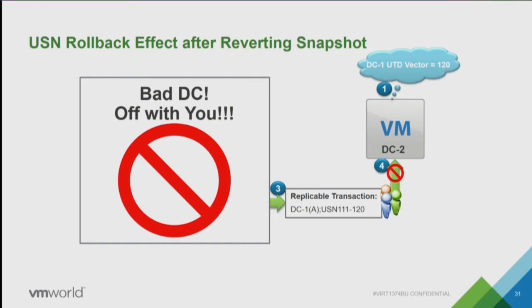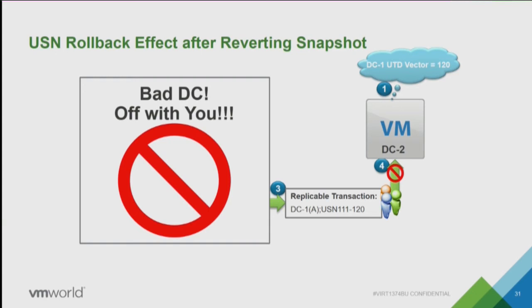Anybody gone through a USN rollback issue in their enterprise before? Very painful to recover from. You will have to call Microsoft, and if you're lucky, it will take you maybe a week to recover. This is one of the biggest reasons why people actually don't virtualize domain controllers. Why?